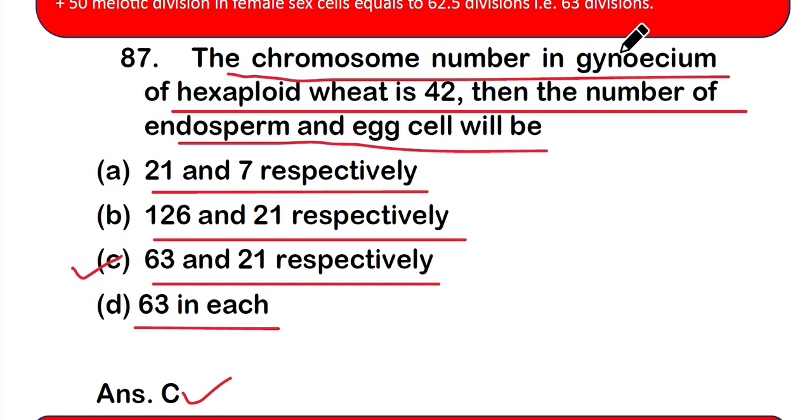So the chromosome number in the gynoecium of hexaploid wheat is 42. Then the number of endosperm and egg cell will be 63 for endosperm and 21 for egg cell, because the egg cell is n, that's why it is 21, and hexaploid is 2n, and endosperm is 3n, that is 63.